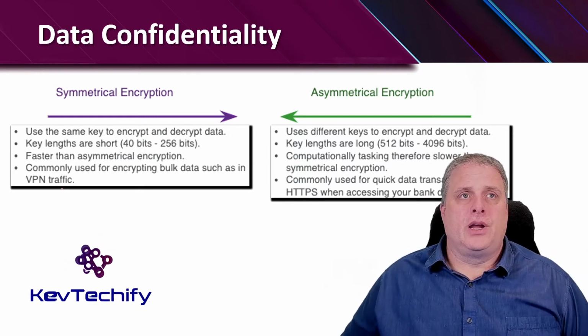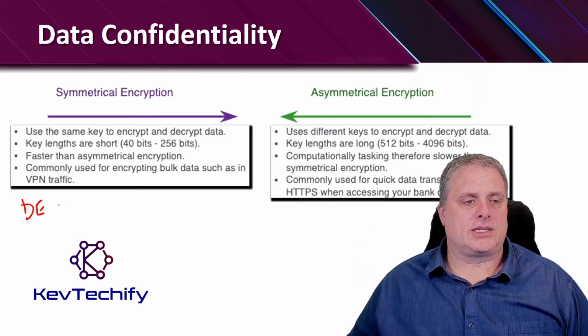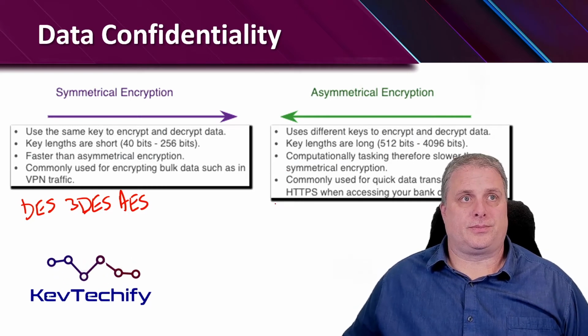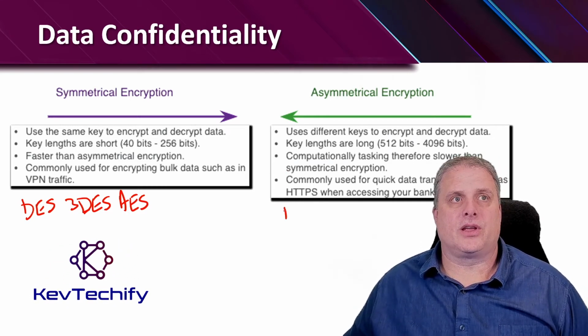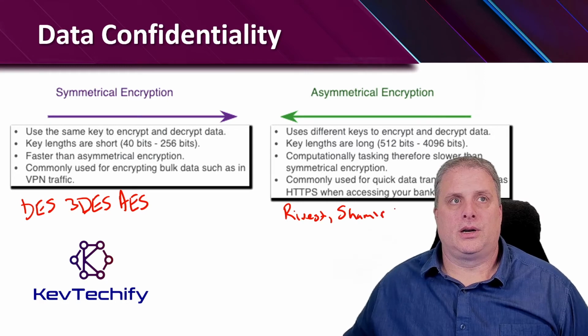Symmetrical encryption uses algorithms like DES, triple DES, and AES. Asymmetrical encryption uses methods like Rivest, Shamir, Adleman, RSA.